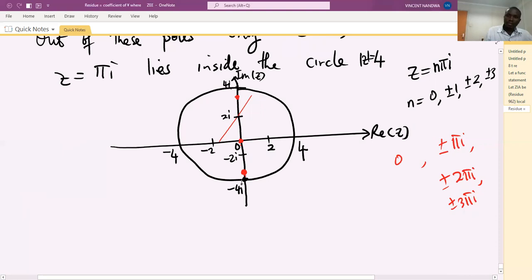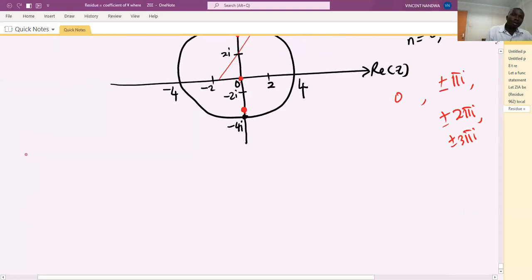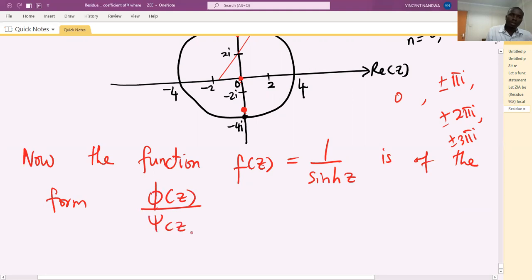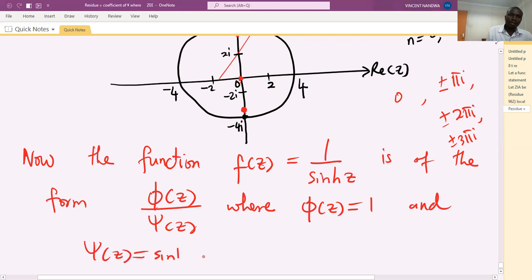So now let's calculate the residues at each of these poles within the circle C. Now, the function f of z, 1 over hyperbolic sine of z, is of the form phi of z over psi of z, where our phi of z is 1 and the denominator is the hyperbolic sine of z.